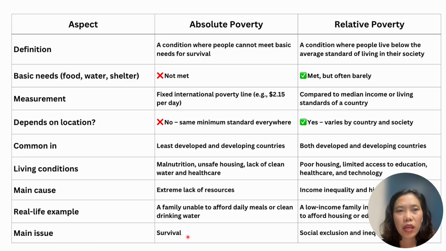So the main issue in absolute poverty is really survival, whereas in relative poverty it's social exclusion and inequality. Because if you cannot afford luxurious cars or housing, you may feel excluded from the social norms or standards of that certain place.